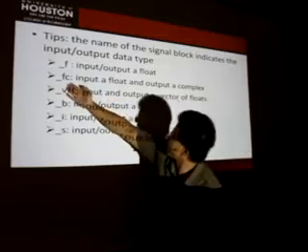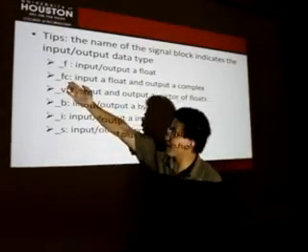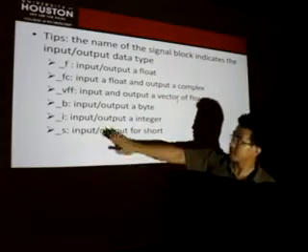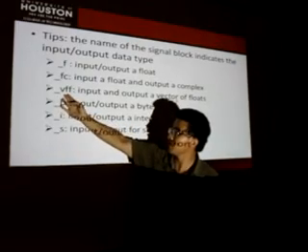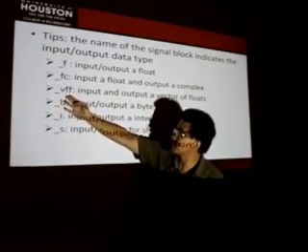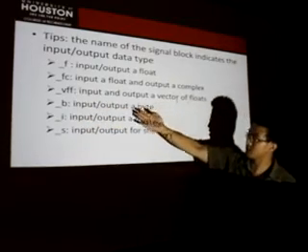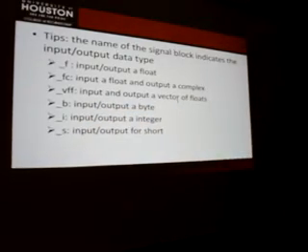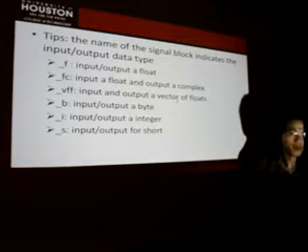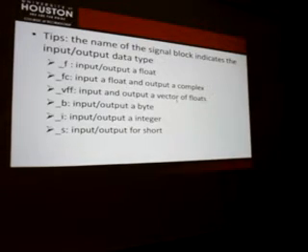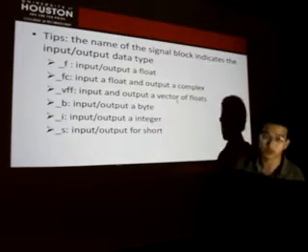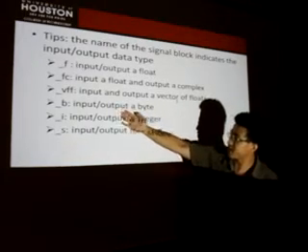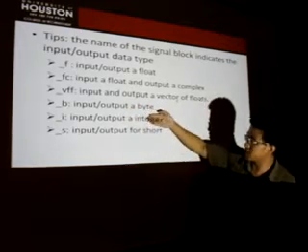And here the input is float and the output is complex. With this block, the input and the output is a vector of floats. It means that the output is a parallel data stream with the number of floats equal to the length of the vector. And here the input and the output is byte. Similarly, we have the integer and the short.